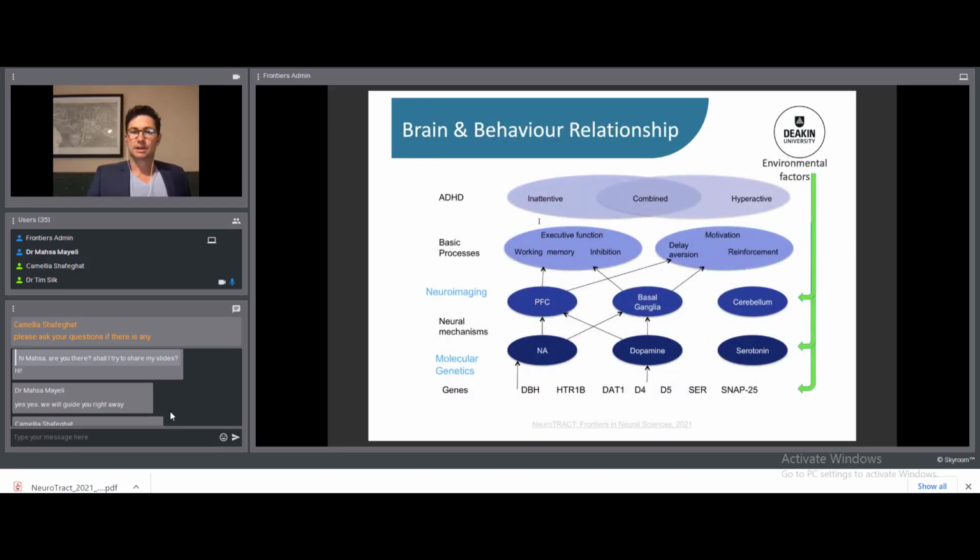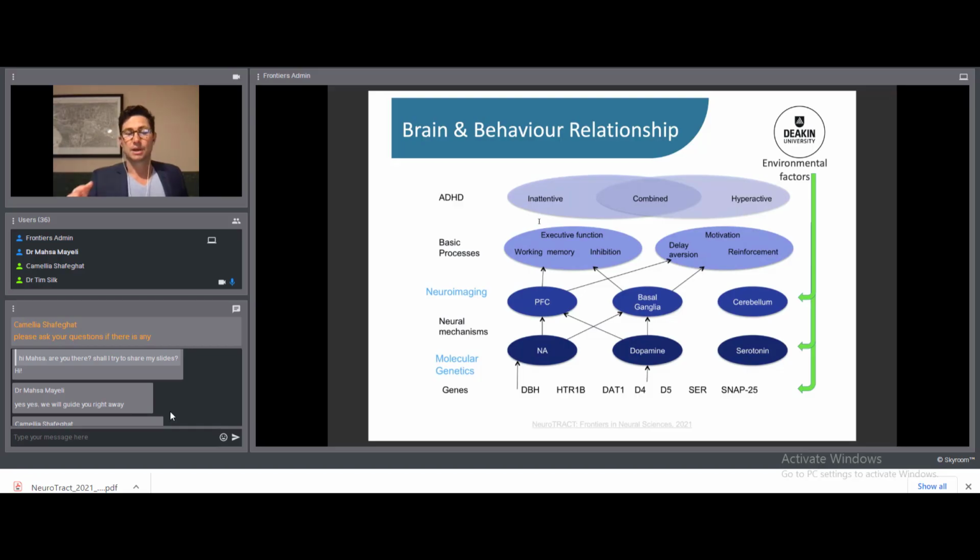So this is a slide that I like to have that puts in perspective where imaging fits into understanding disorders, in particular, but even just the general brain process. It fits sort of halfway between the end phenotype and the genotype at the other end. So here I've got the example of ADHD, but this could be any disorder or any trait.